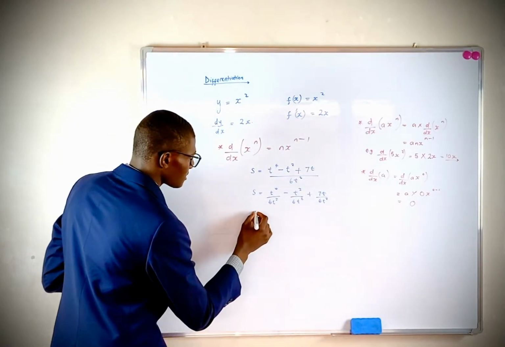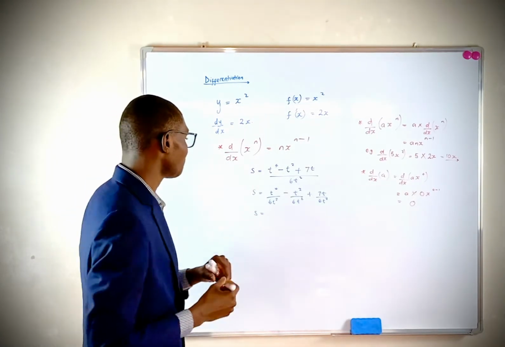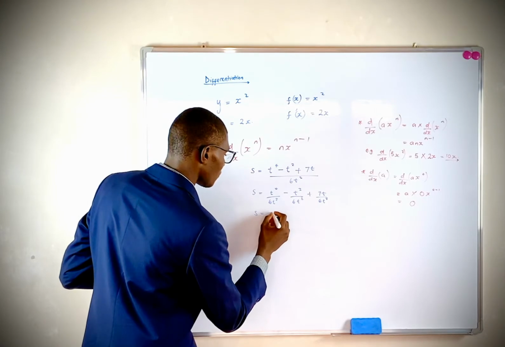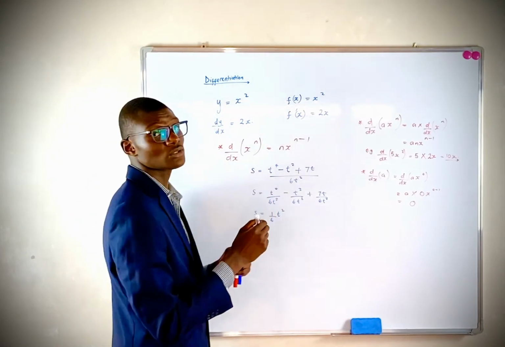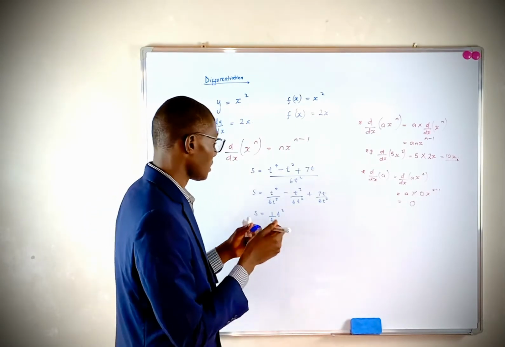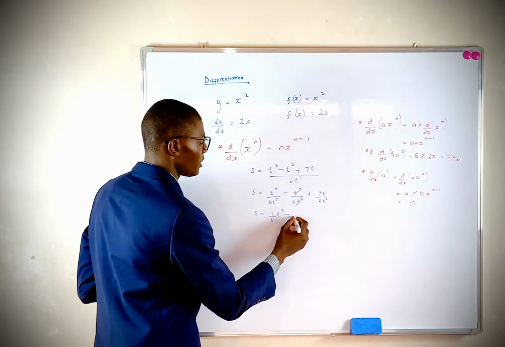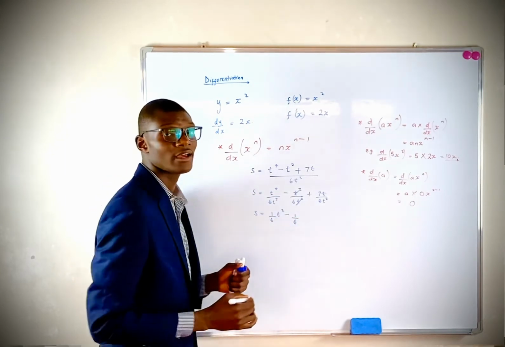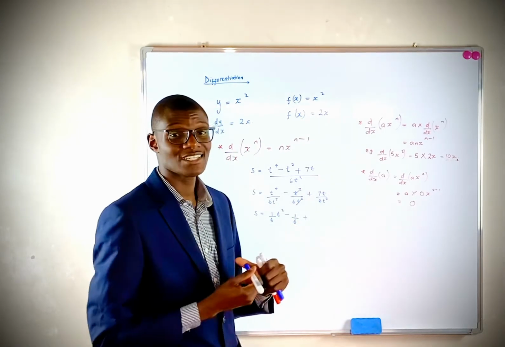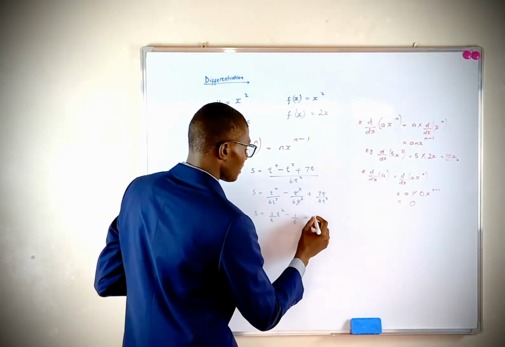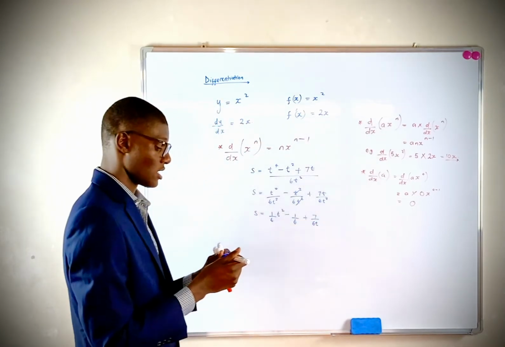Simplifying the first term, we will get t squared over 6, because t to the power of 4 divided by t squared gives a t squared. Then minus t squared cancels with t squared, leaving 1 over 6. Then, simplifying 7t over 6t squared, we get 7 over 6t, like that, right?